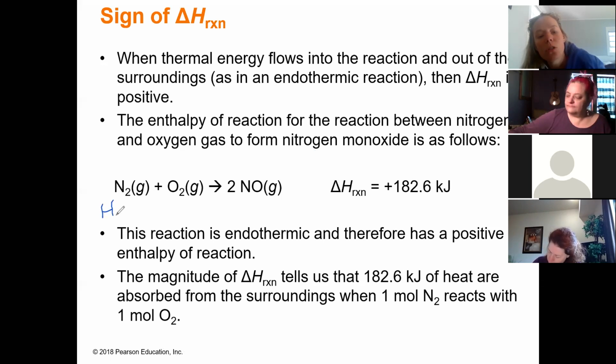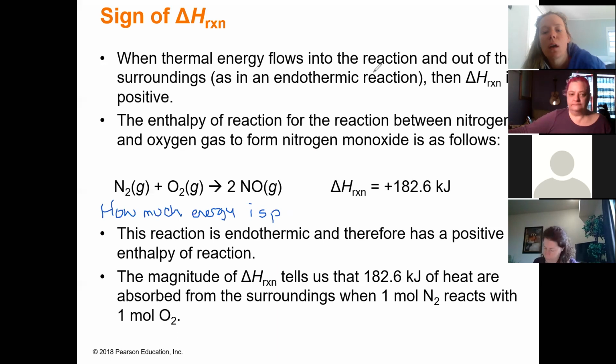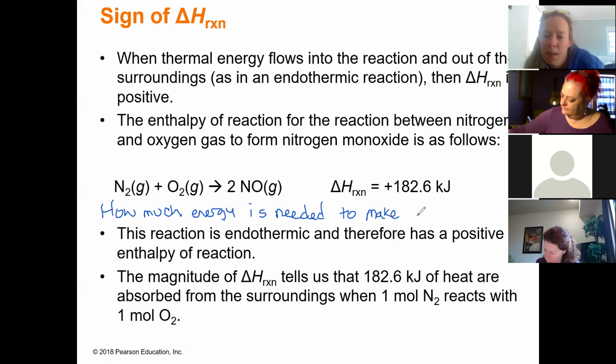Okay, so how much energy is produced, or I'm sorry, it's not produced, is needed to make 18.4 moles of NO?